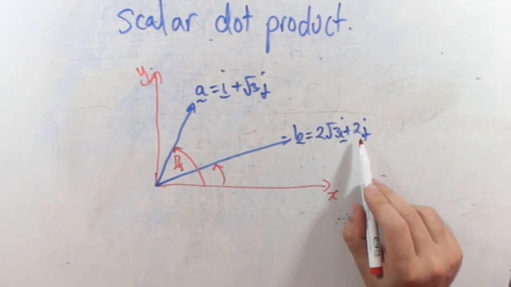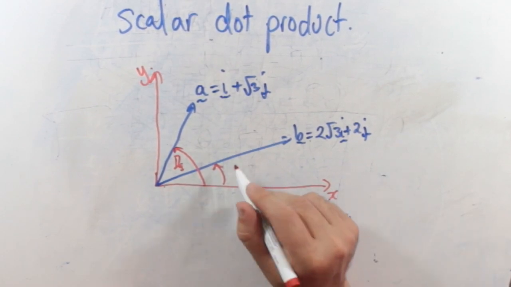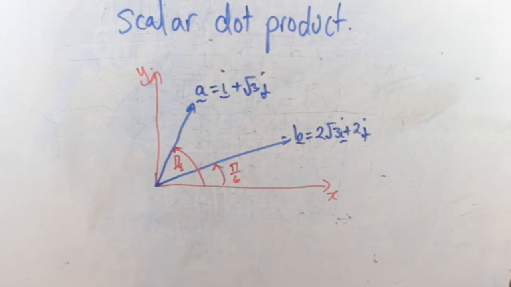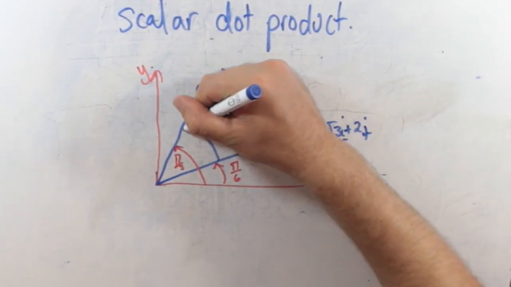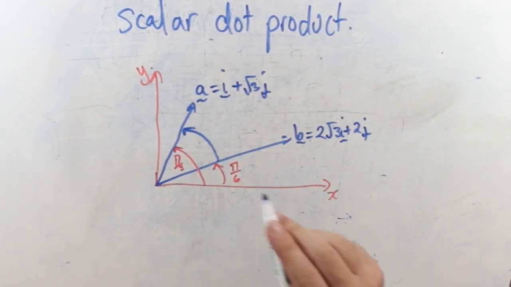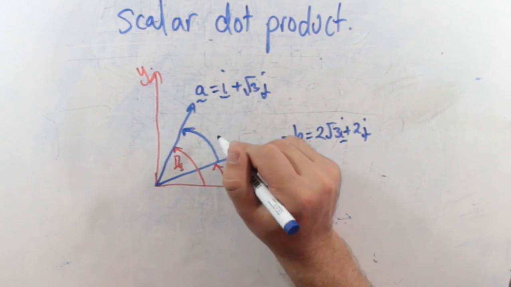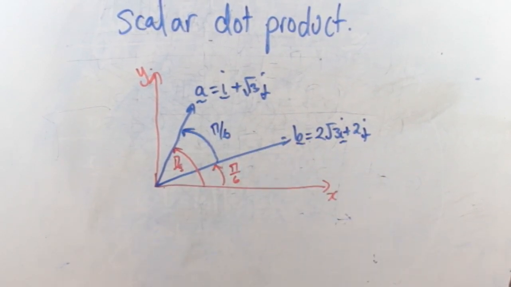I get inverse tan of 2 on 2 root 3, which is 1 on root 3. So inverse tan of that is pi on 6. So now I can work out the angle in between the two vectors to do the dot product. Angle in between these two vectors is pi on 3 minus pi on 6, or 60 minus 30, which is 30 degrees. So I get pi on 6 in between the two.